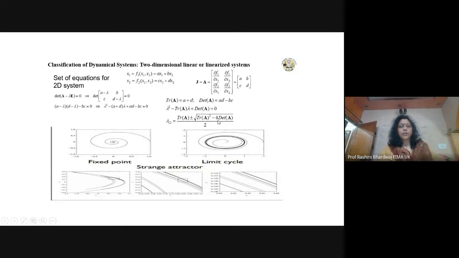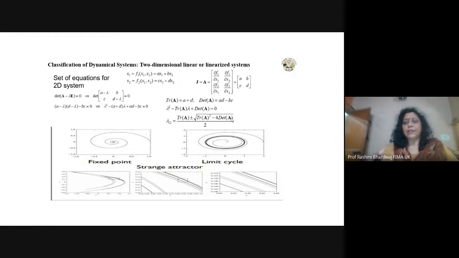Now based on the different conditions of this under root, you get different types of systems. If trace A square is greater than 4 determinant A, you get two real and distinct roots. If trace A square equals 4 determinant A, you get one coincident root.